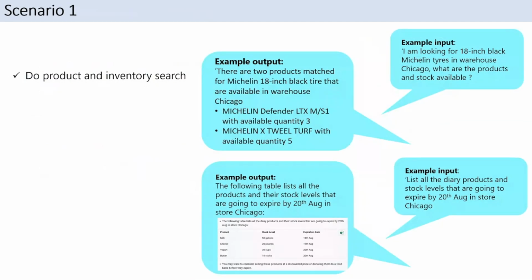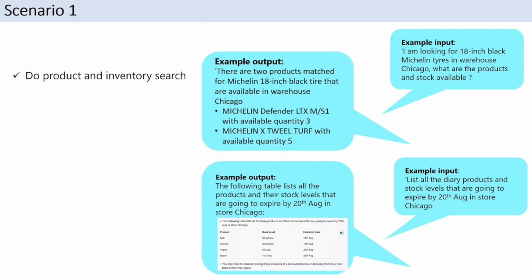So what are the main scenarios, how are our customers using this Copilot in inventory visibility? In short, you can do a product and inventory search whenever you want, just like the product search functionality we just saw. One of the value propositions of the product search functionality is that it works as the foundation of the Copilot, which means the Copilot uses the product search functionality for the attribute-based search capacity. For instance, in this example input, I want to look for 18 inch black Michelin tires in the warehouse Chicago.